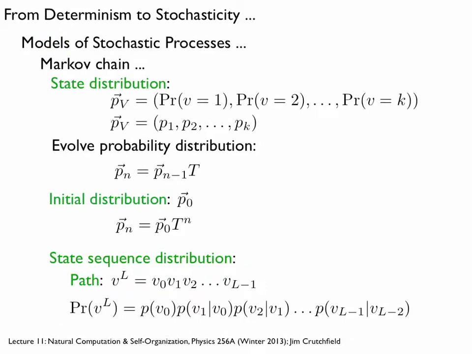Now there's some more things we can say. We have these states, and at each moment in time we can ask what's the probability of being in one of the k states. So it's a state distribution. We'll just think of that as a vector of numbers. And we have this transition matrix, so we can use that to evolve a probability distribution forward.